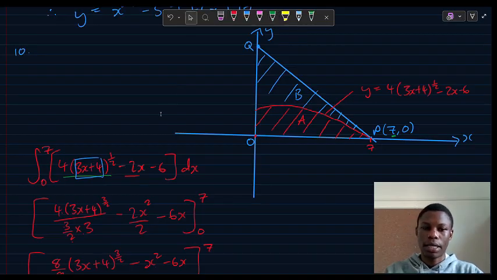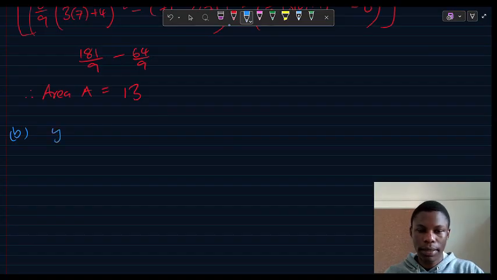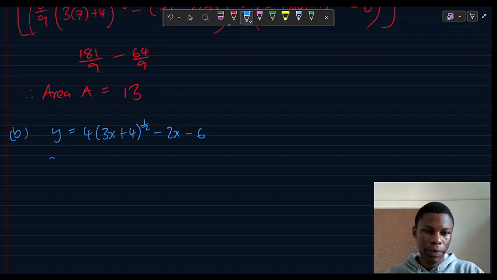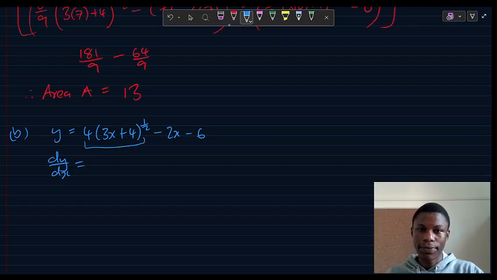So let's do that. We have that y is equal to 4 times (3x plus 4) to the half, minus 2x minus 6. So dy/dx is equal to, so differentiate this. This is a function inside of a function, so we're going to use the chain rule.